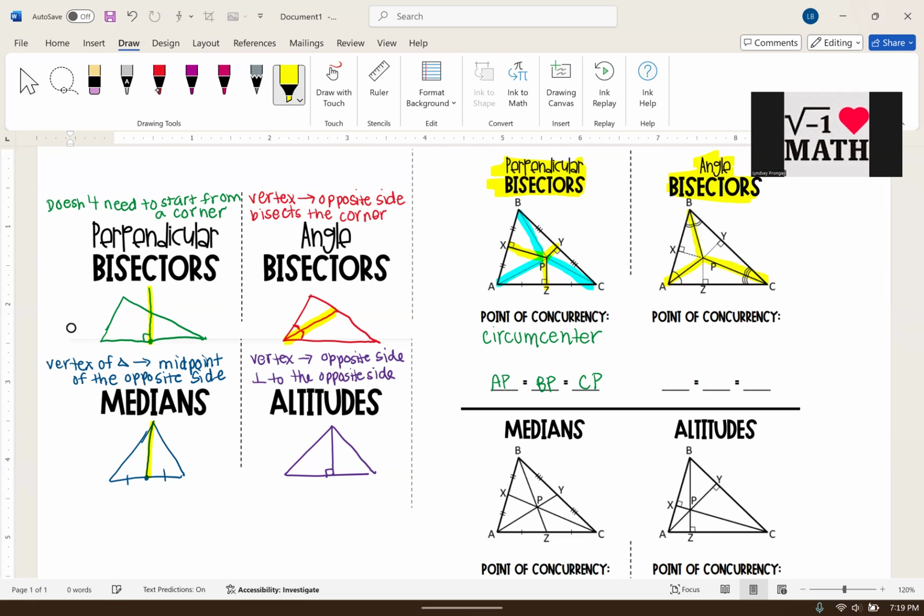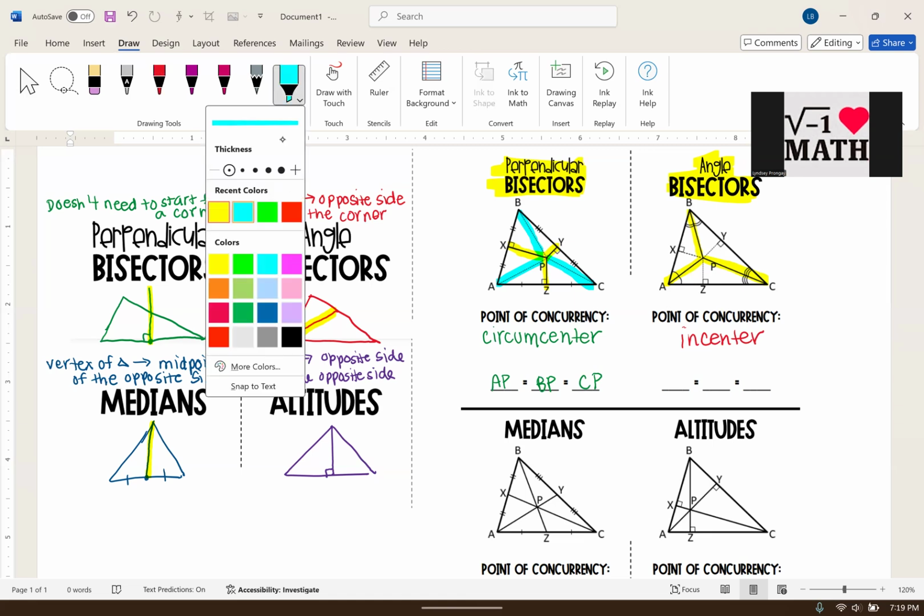And PC is an angle bisector. It's bisecting each of those angles. The point of concurrency for this one is called the incenter.